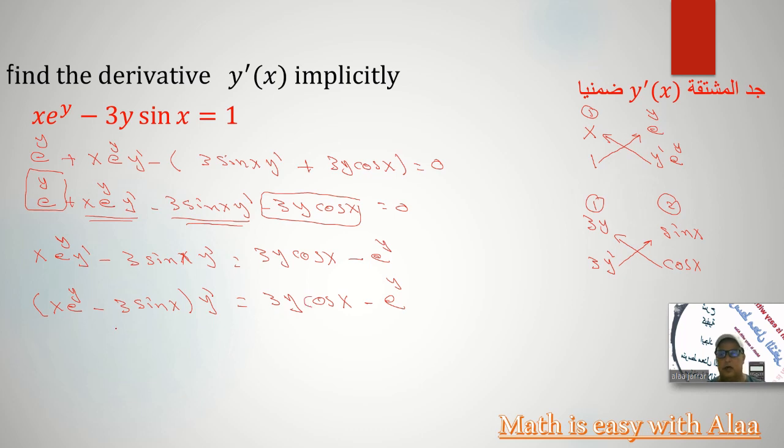Now divide both sides by x e to the power y minus 3 sine x, so it will be y prime equal 3y cosine x minus e to the power y over x times e to the power y minus 3 sine x.